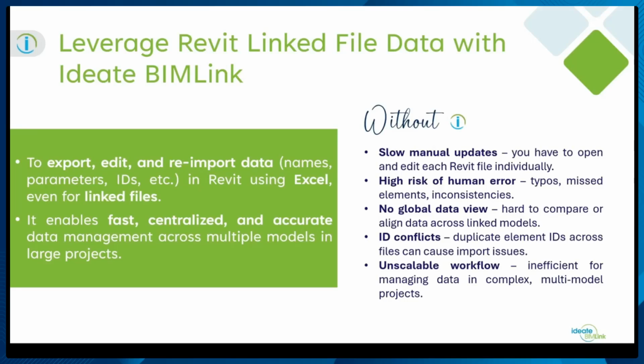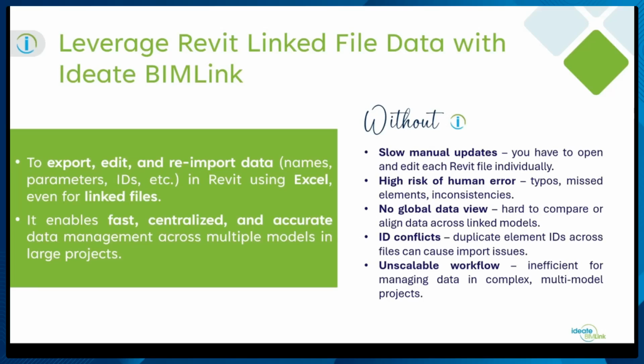The example we're going to look at in a video demo next is how we can coordinate between two Revit models. Without using Ideate BIMLink, this process would be slow and manual. You have to open and edit each Revit file individually. There's also a high risk of human error, with typos, missed elements, and inconsistencies.